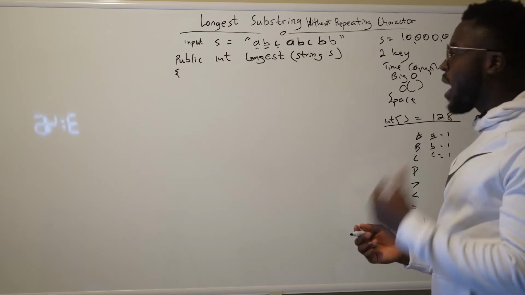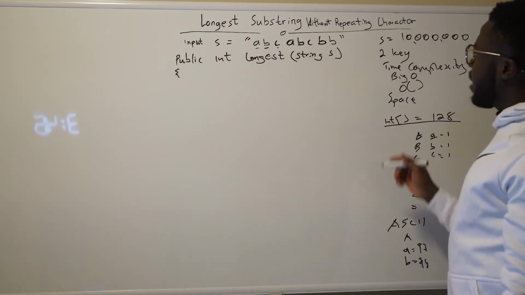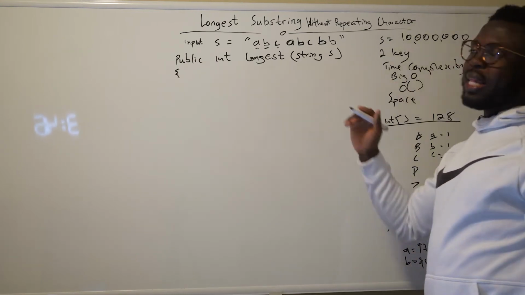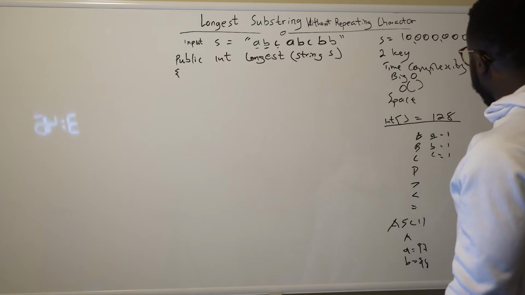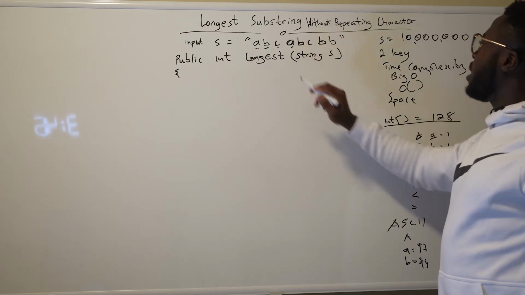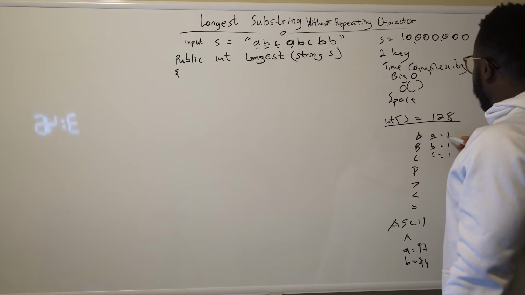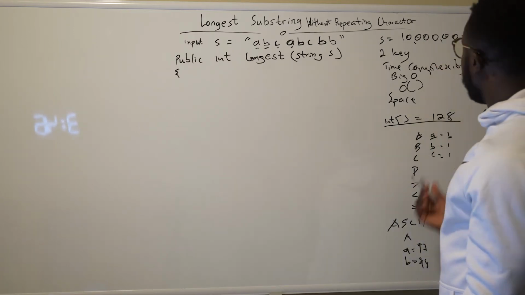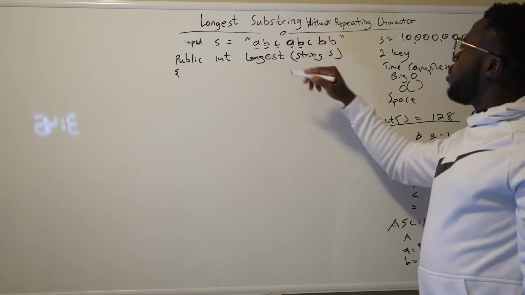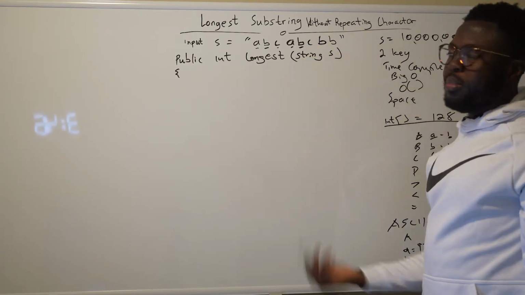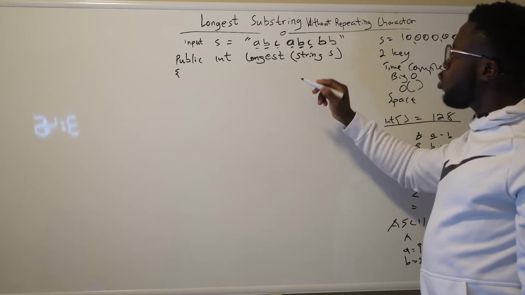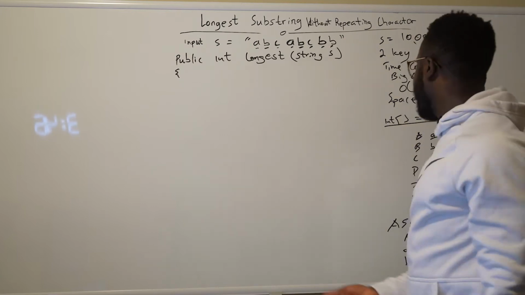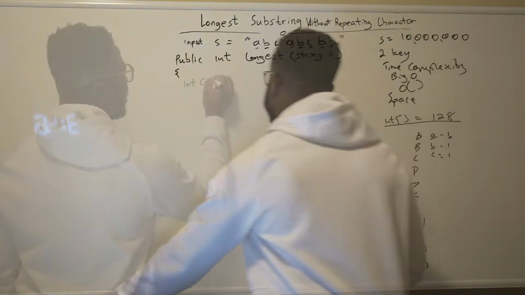Then we find the length, because as we go, we find the length. Then we come here and see that we've already visited B, because it has already been set, so we wouldn't do anything to it. We see we've already visited B, C has already been visited, then we return the length, which will be 3.